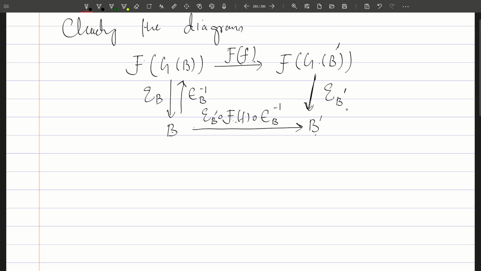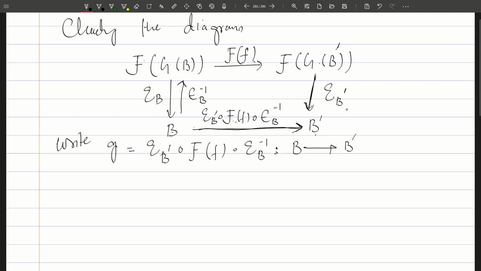So this is unique, that is why this map is equal to this map. So we write g to be equal to epsilon B prime composite F of f composite epsilon B inverse. So this is a morphism from B to B prime.